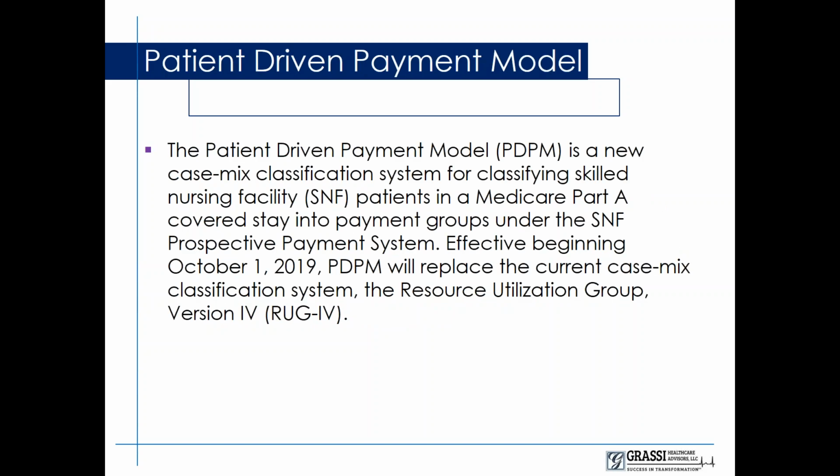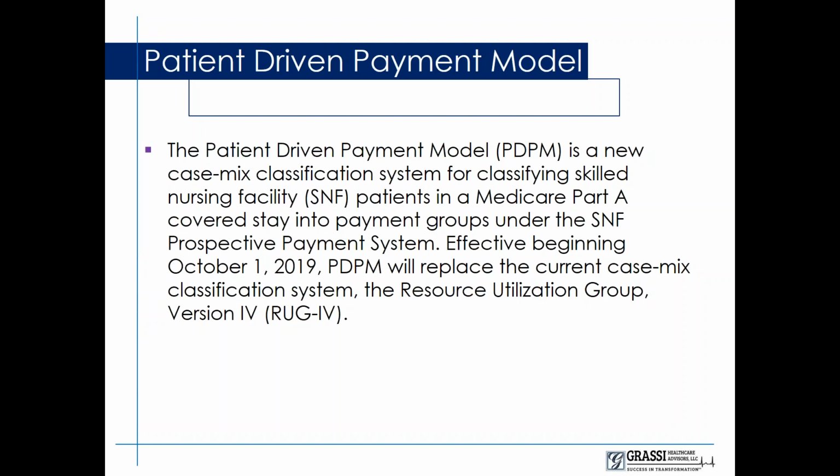So this new system that's coming about October 1st is a recategorization of patients for Part A Medicare stays. It doesn't affect managed care unless your managed care contract includes PDPM specifically, and I doubt at this point it does, although some of the plans may migrate to that.